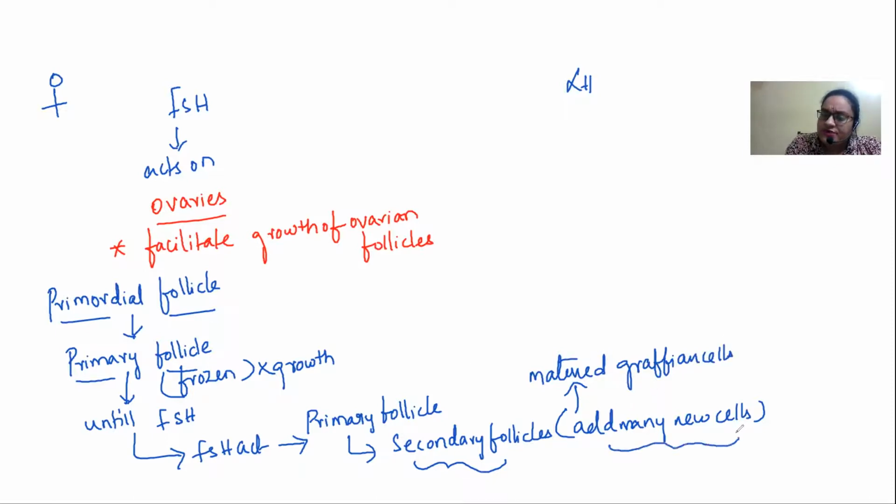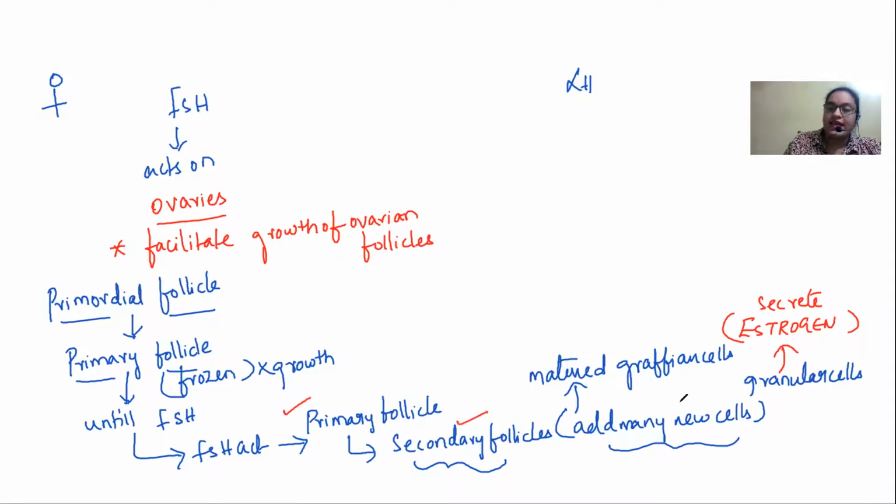The additional new cells that are formed, which we call granular cells, are going to secrete a female sex hormone called estrogen. This is very important. Ovarian follicular growth, from the primary follicle to the secondary follicle, the addition of new cells and the secretion of estrogen by the granular cells, is under the influence of the follicle stimulating hormone.